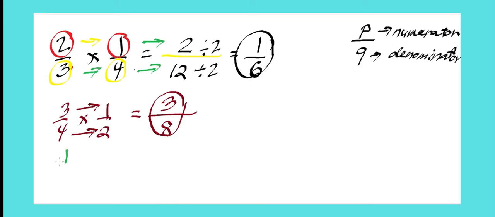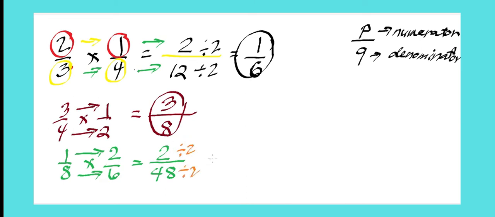Okay, let's have 1 over 8 times 2 over 6. Again, you multiply the numerator by the numerator. So 1 times 2 will give you 2, 8 times 6 will give you 48. Again, 2 and 48 are not yet in the lowest term because they still have a GCF, the greatest common factor, which is, very good, 2.